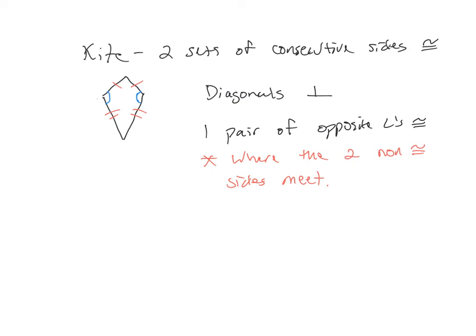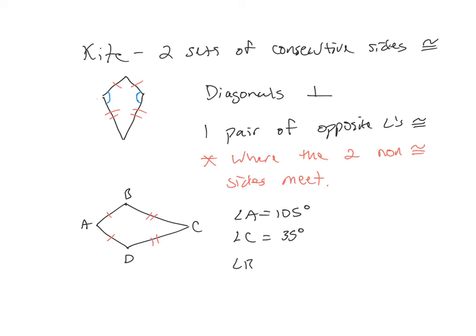Okay, so if you had a problem like this, and it said angle A equals 105 degrees, angle C equals 35 degrees, what's angle B?